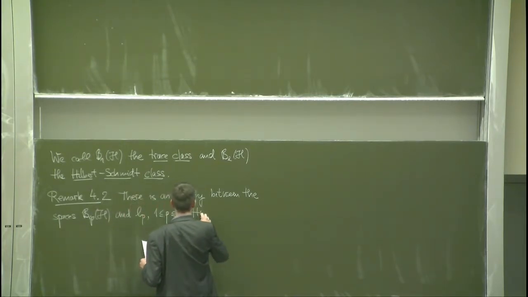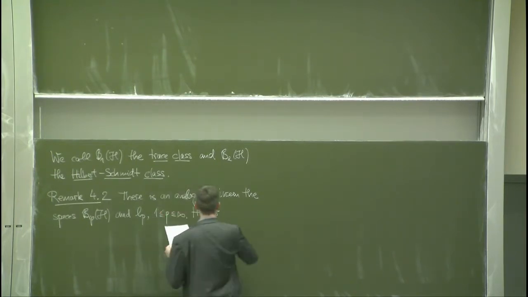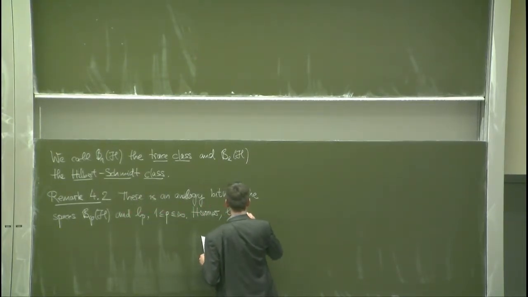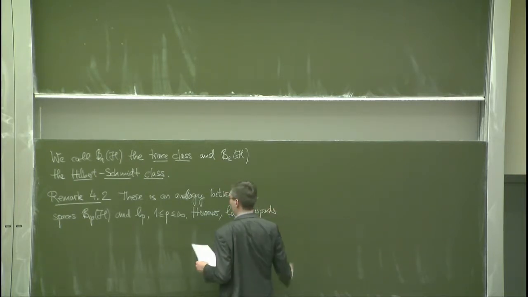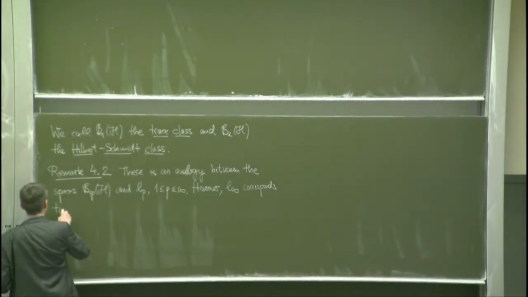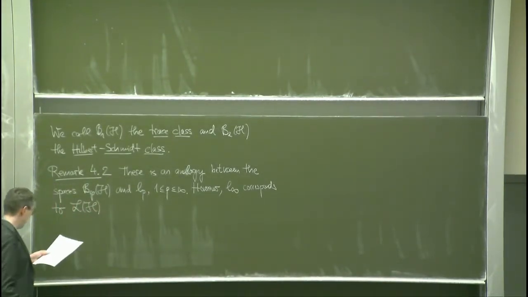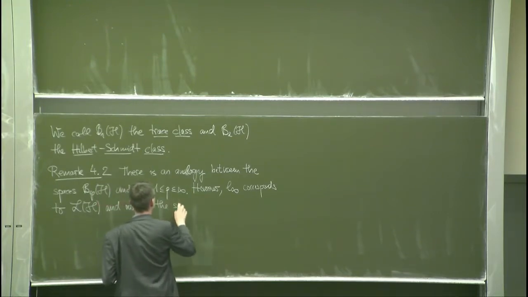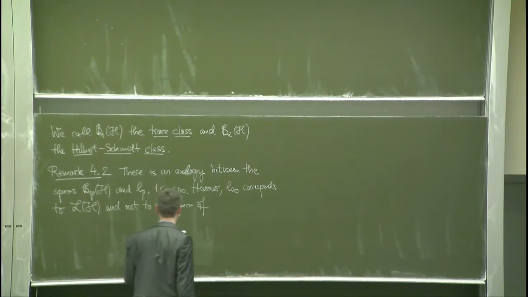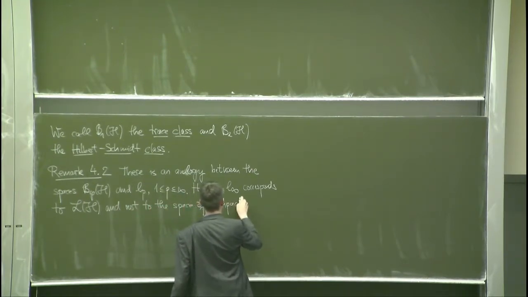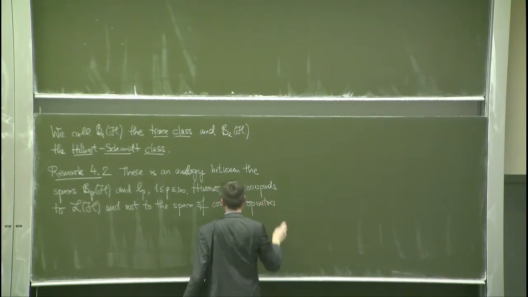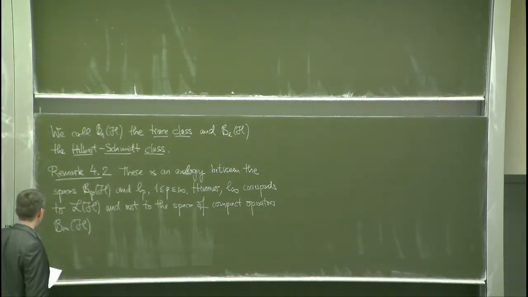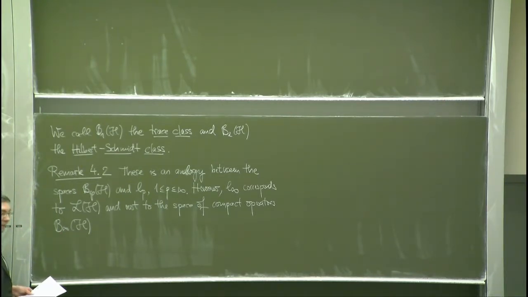But it's important to note, however, that l infinity, which corresponds to the bounded sequences, corresponds of course to the bounded operators, so to L of H, the bounded linear operators, and not to the space of compact operators B infinity of H. So this notation is in some sense not ideal, if you understand what I mean.